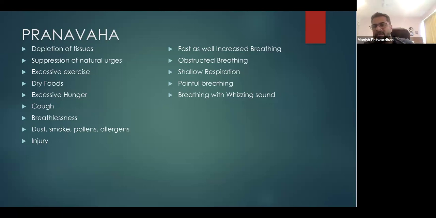Around the lungs there is a covering called pleura, and inside the pleura there is pleural fluid. That is similar to avalambak kapha, because that is what gives protection and support. But this avalambak kapha is present in this entire region.